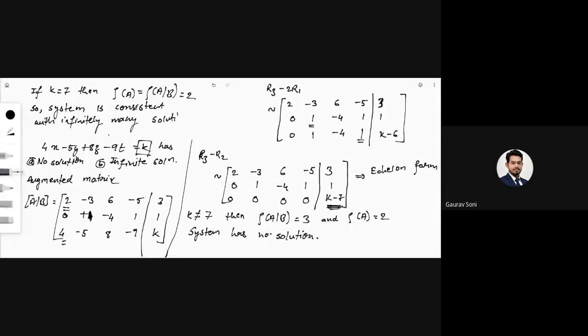And that's it. The question was to put a condition on k in such a manner that the system will have no solution or infinitely many solutions, and we have done that. I hope the procedure is clear, so we can go to the next question.